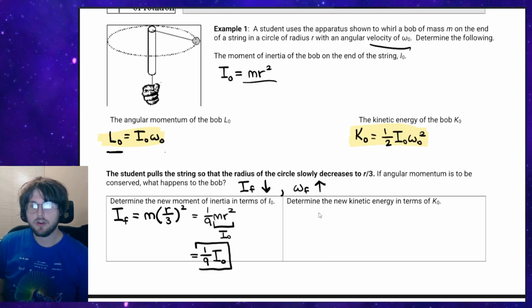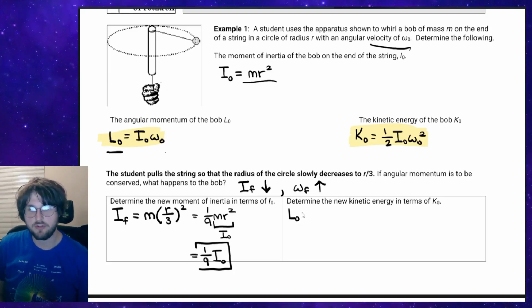Cool. So now we need to figure out the new kinetic energy in terms of K naught. So here, we need to first figure out exactly what our new angular velocity is. And we can do that really easily with conservation of angular momentum.